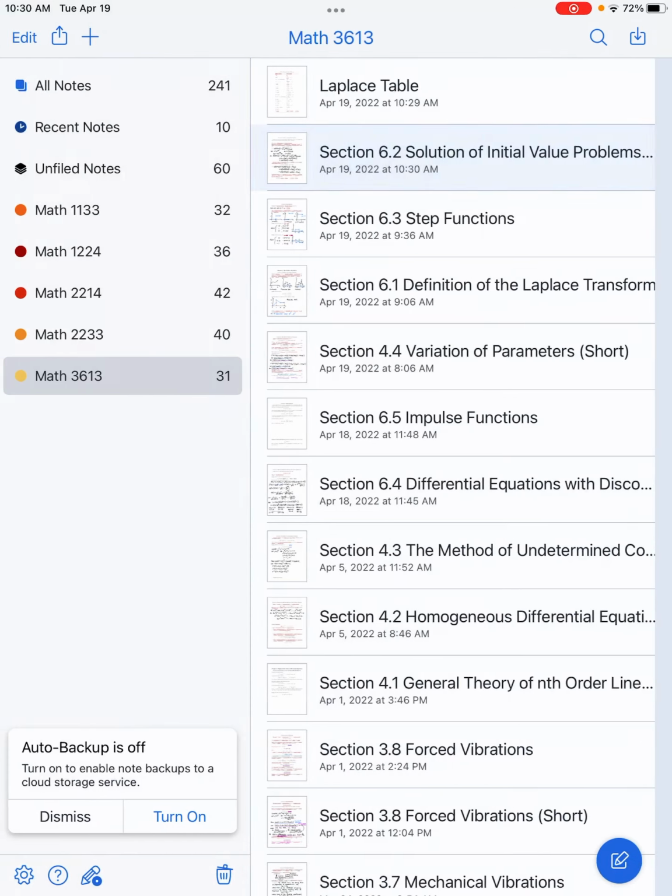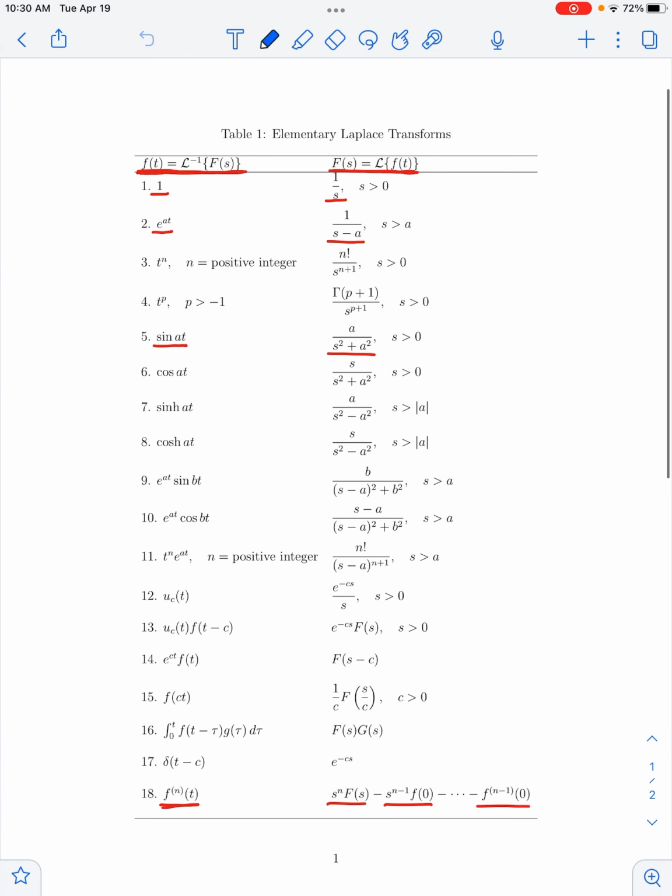So looking at our Laplace table, in that right-hand column, I want to try to find a function that has a denominator that looks like s minus some quantity all raised to a power.